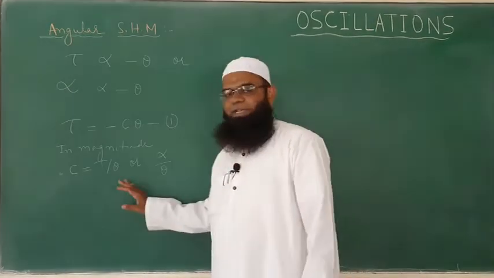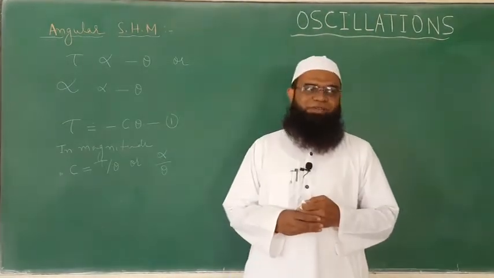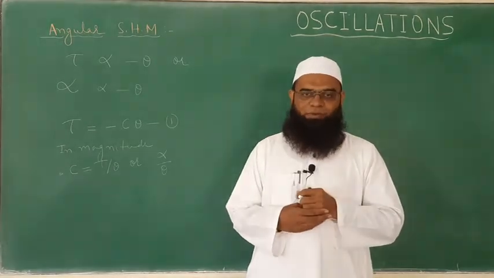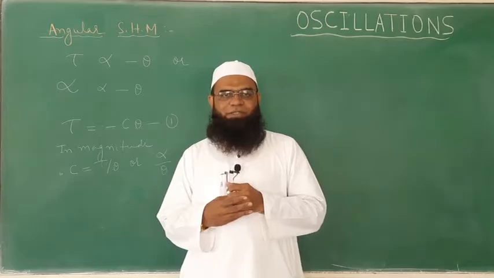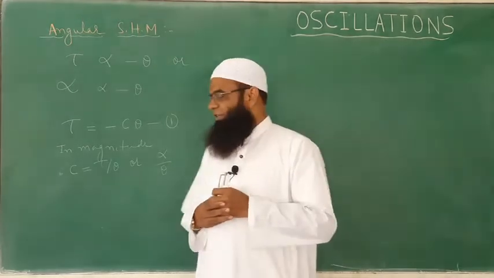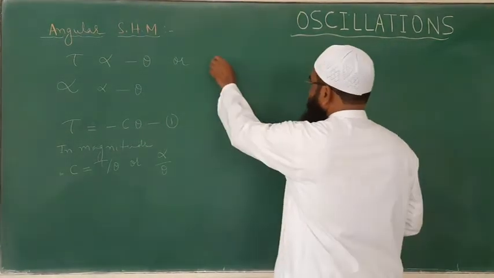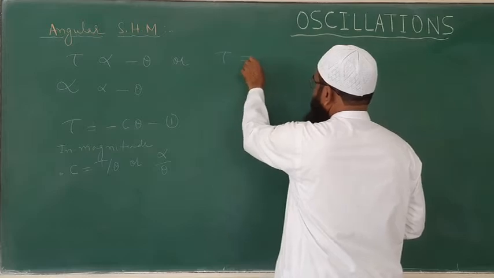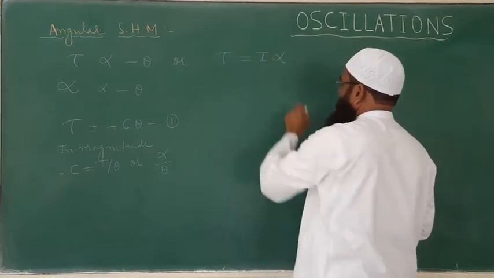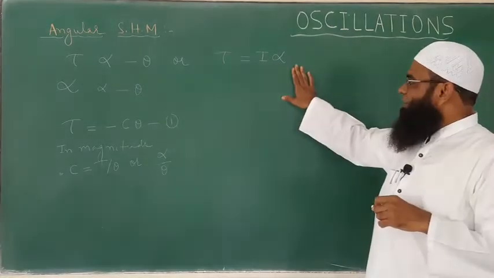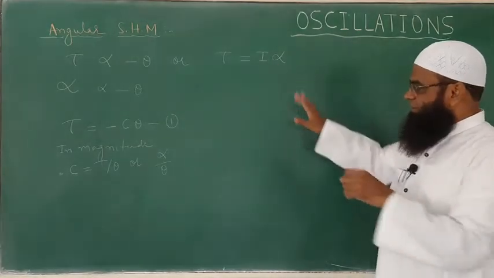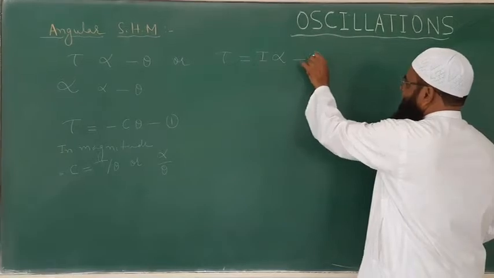As we know, in rotational dynamics we have seen the moment of inertia of a body, and one relation, which is torque is equal to I alpha, equation 2, where I is the moment of inertia and alpha is angular acceleration.